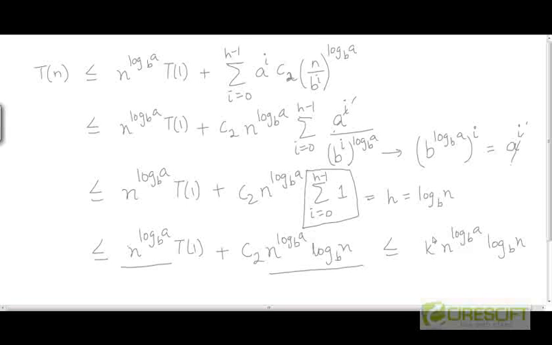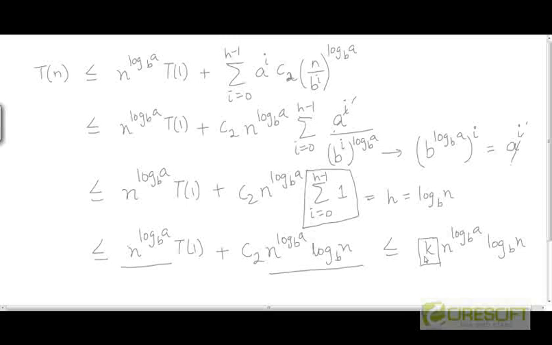We have to choose k a bit intelligently, of course. So if we choose k to be some constant value greater than c2, then we can argue that this inequality is going to hold.